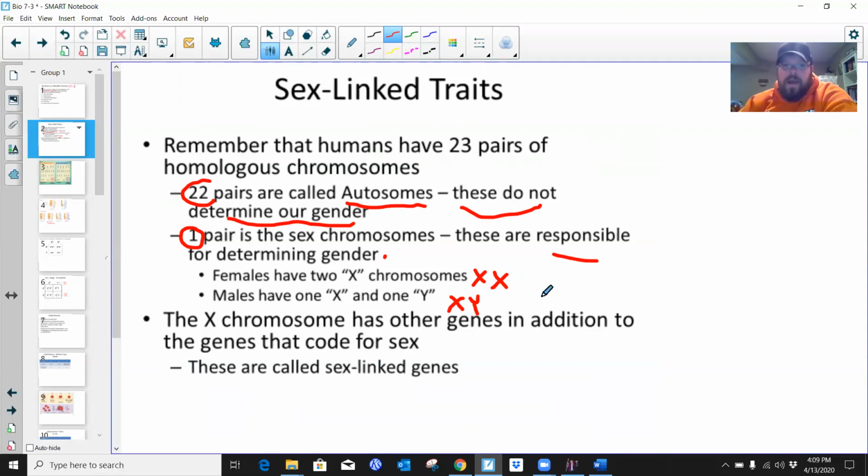While these sex chromosomes are primarily responsible for determining gender, they do carry some other genes in addition to those that code for the sex of humans. These are what are called sex-linked genes, because these genes or traits are carried exclusively on the chromosomes that are responsible for determining gender.